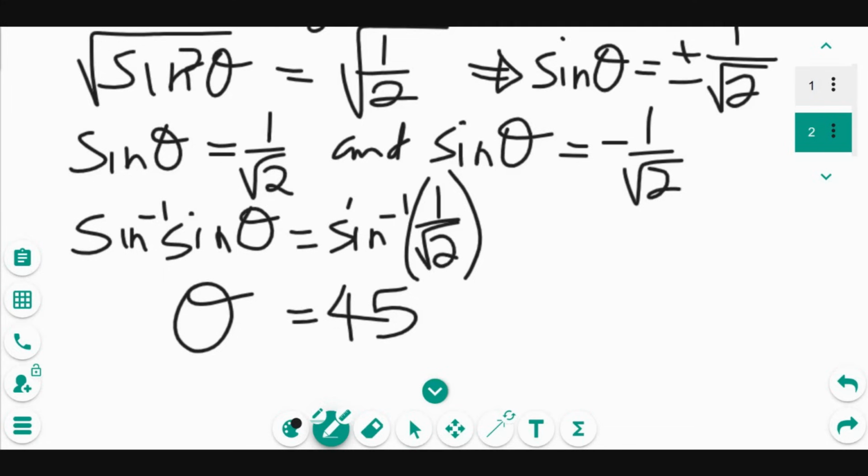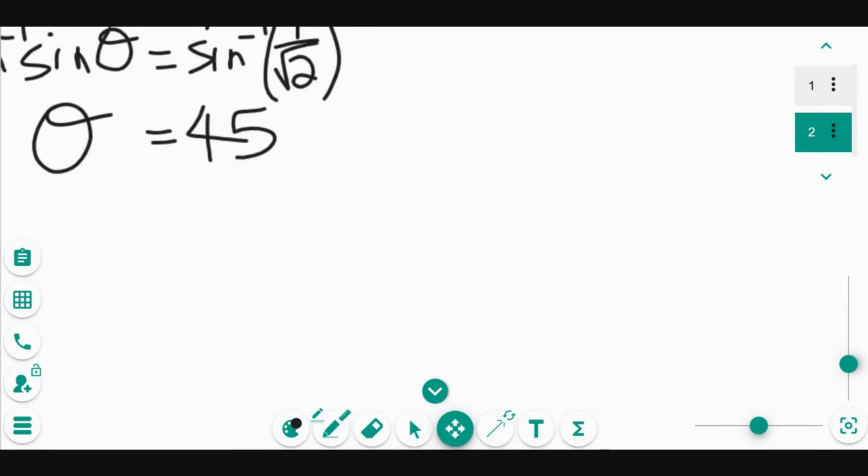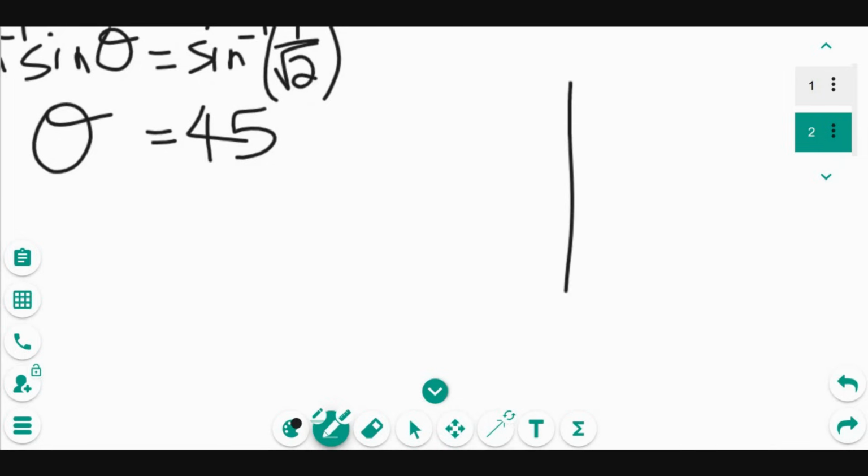What do you have? Yes, you have 45. Okay. So theta is 45. But remember, we said those are not our answers. Those are just angles that we must show in the quadrants. So when theta is 45, I am going to draw the quadrants here. And I know in the first quadrant, all of them are positive.